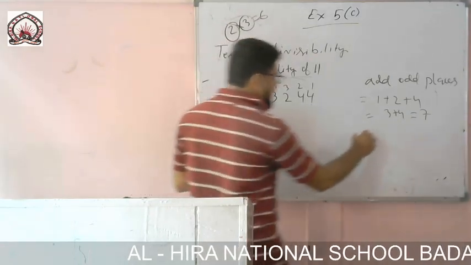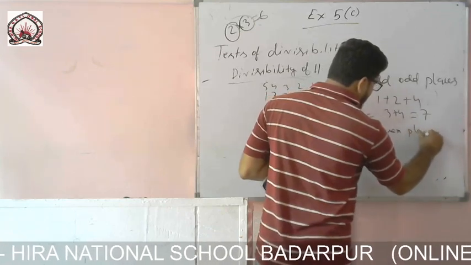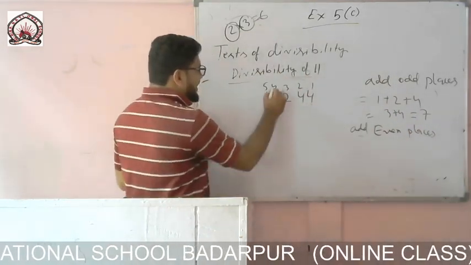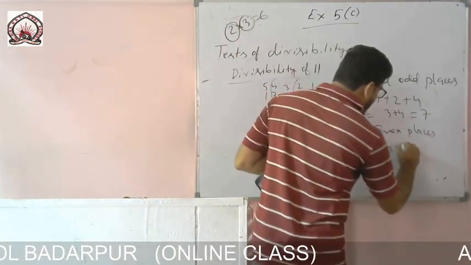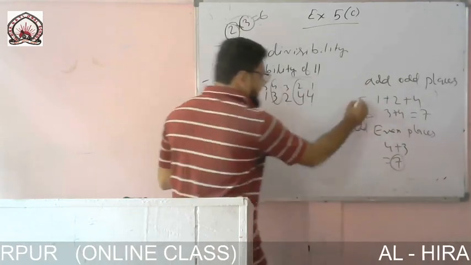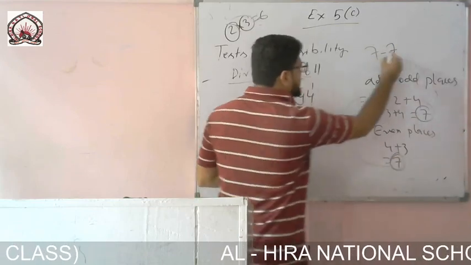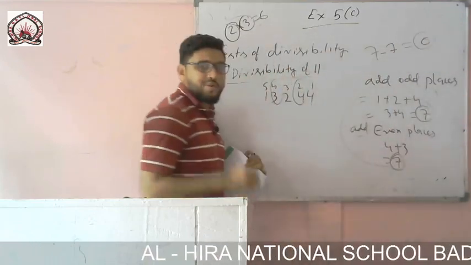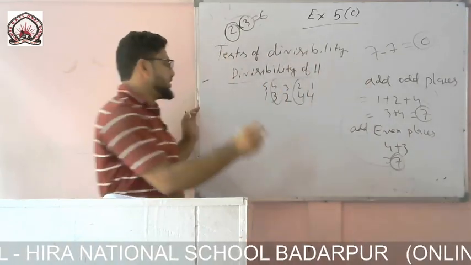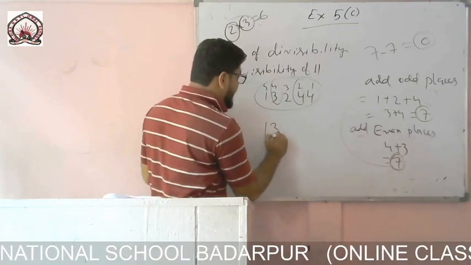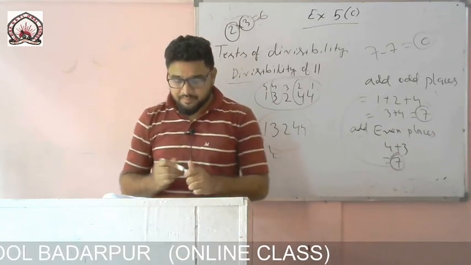Now the even places: only 3 and 4. So 4 plus 3 is again 7. Now the difference means 7 minus 7, here 7, here also 7. So 7 minus 7 is 0. So I said if the difference comes 0, then also it is divisible by 11. So the whole number 1, 3, 2, 4, 4 is divisible by 11. Okay.